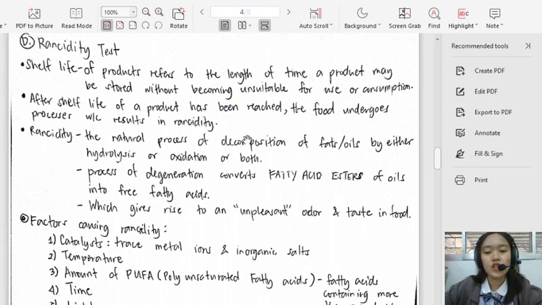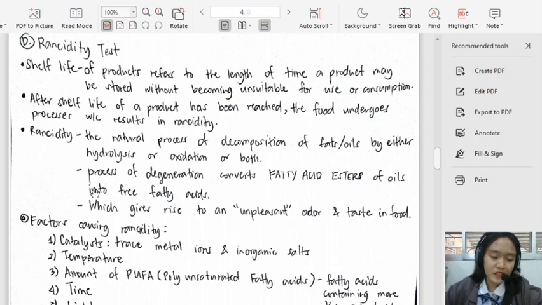Nagde-decompose yung inyong fats and oils in the process called hydrolysis and oxidation. So, hydrolysis, with the use of water molecule, you will separate certain bonds or linkages, and then for oxidation, this is the addition of oxygen atom sa structure ng fats and oils or both.